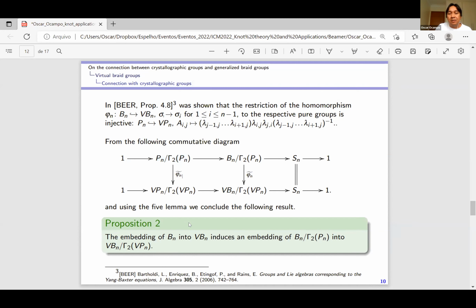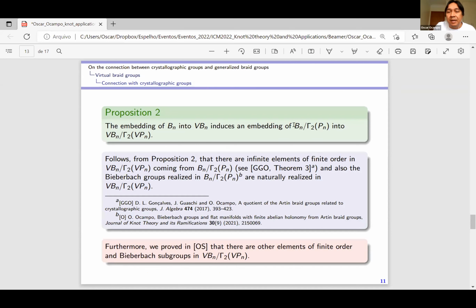We have an injection, and so applying the five lemma, we conclude that we have an embedding of the classical case into the virtual braid case. Okay, so at this point, we may conclude the following. Since we have this embedding, all the information about elements inside the classical case we have in this generalization of the virtual braid group.